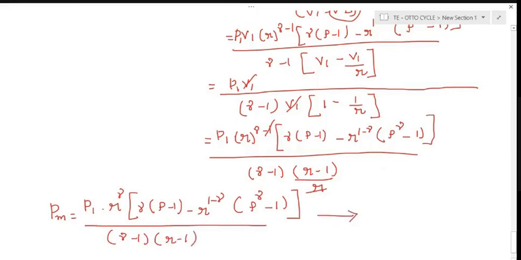So this is equation number 7, I think. This is the mean effective pressure of the diesel cycle.